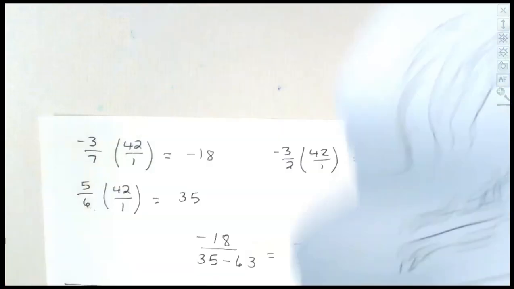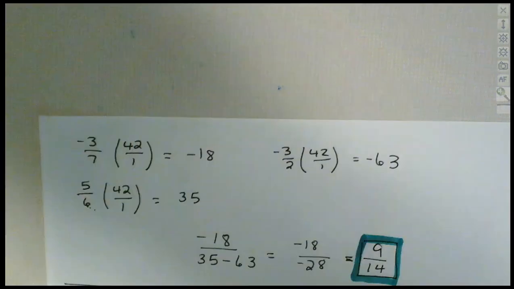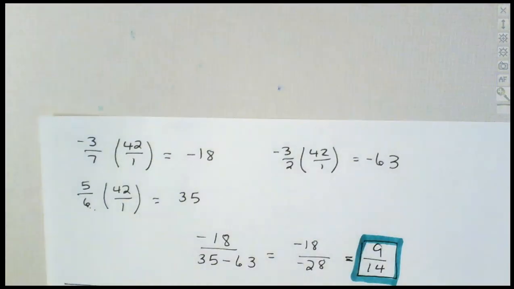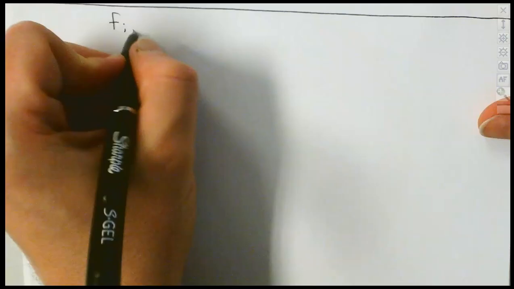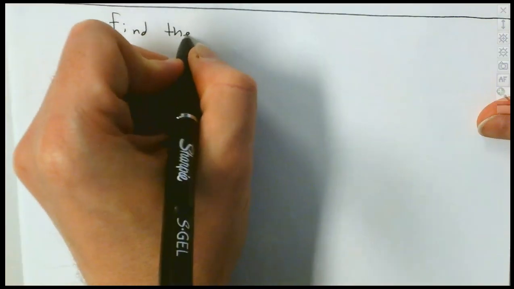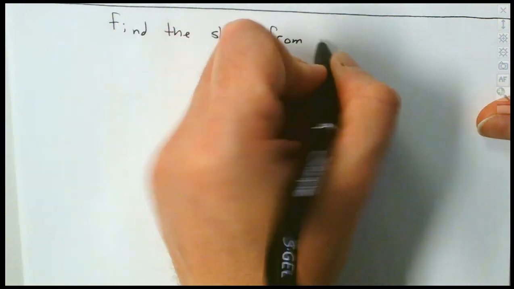The very last part of this section is how to find the slope given a line equation. So now we're going to learn how to find the slope from an equation.